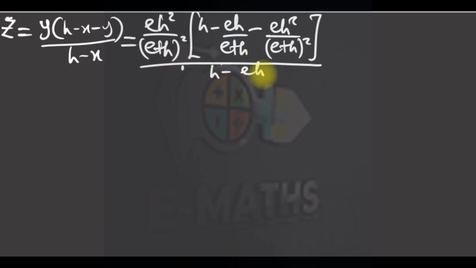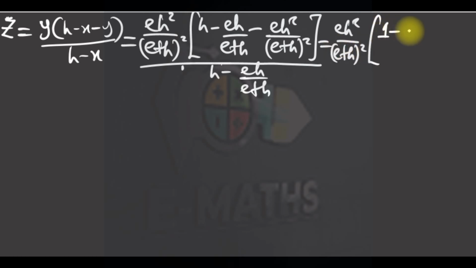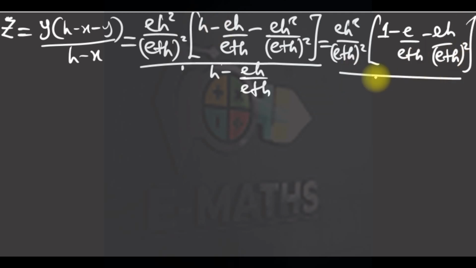As you can see, h is common here, so we factor it. We are left with eh squared over e plus h all squared times 1 minus e over e plus h minus eh over e plus h all squared. So we factored h and cancelled. This is 1 minus e over e plus h.